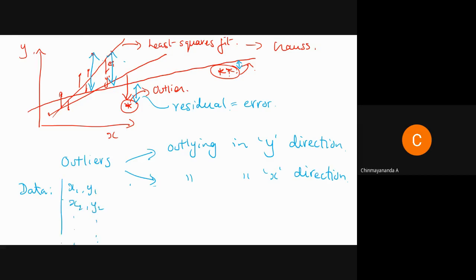You must have got this data through some experiment. And why only think that the outlier be only in the y direction? It can also happen in x direction because of some calculation error or some recording error. So outliers can be in both directions. This is the current scenario.